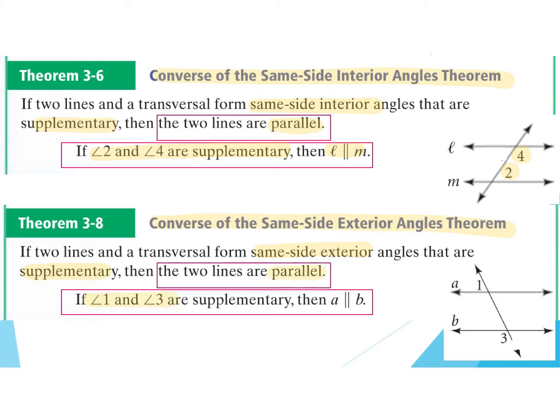So if angle 1 and angle 3 are supplementary, then they're parallel. The important thing to remember is that whenever we refer to any of these theorems, we always use the term converse to indicate it's proving that they are parallel.